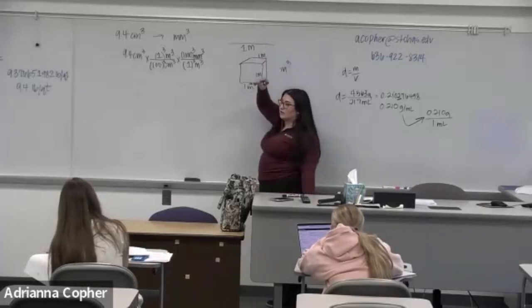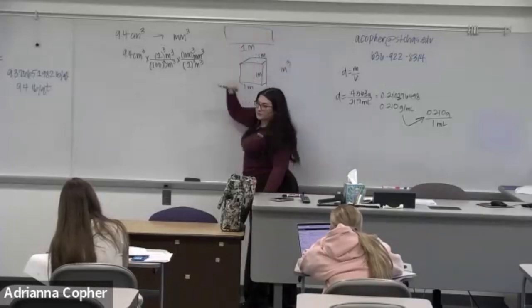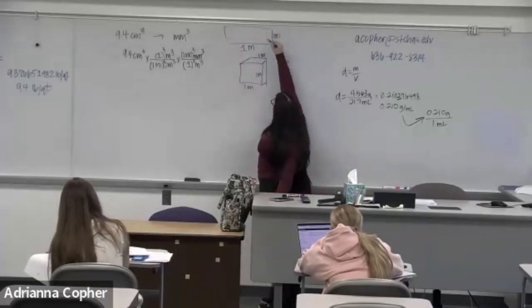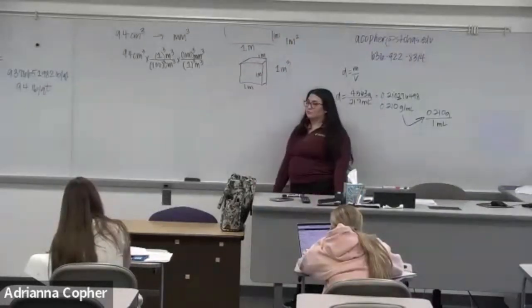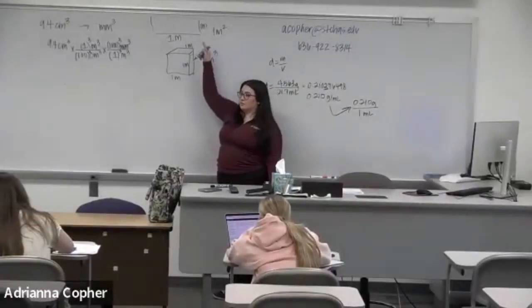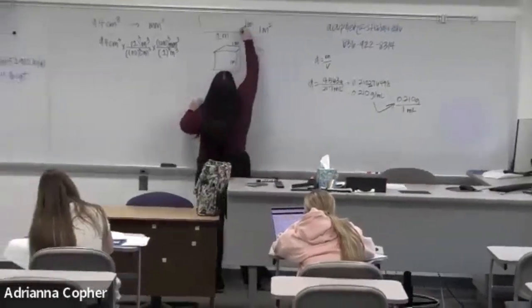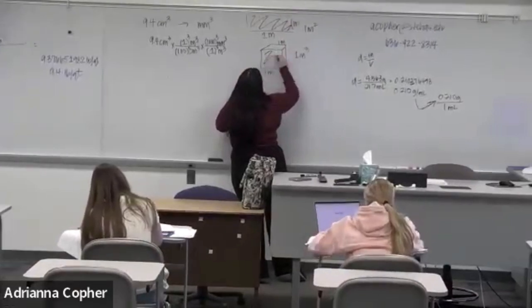If I wanted to do meter squared, pretend that's a square or rectangle, that's 1 meter times 1 meter. For volume and area, we're doing the inside. An area is width times length.